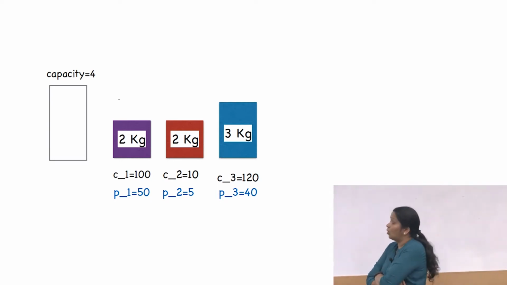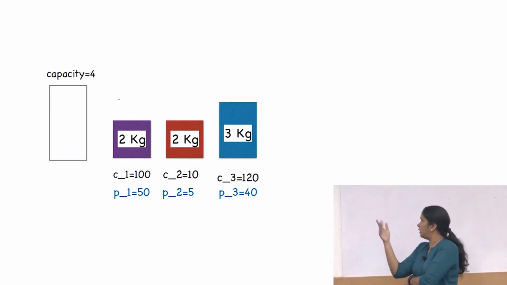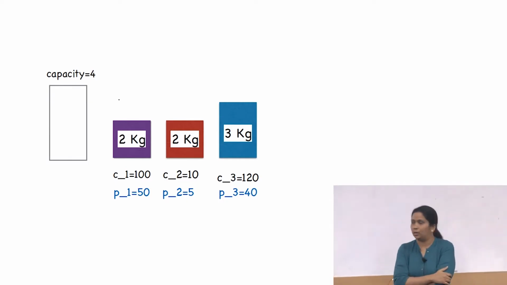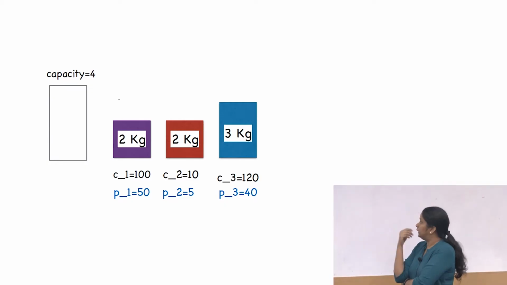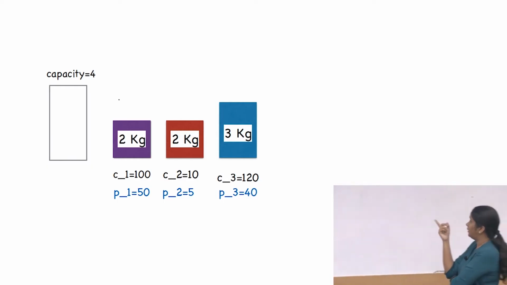So how much to take? Whatever is possible of that item. Here you can take the entire 2, because you have a capacity of 4. So you get a profit of 100. What is the next item to be chosen? The third one, right?